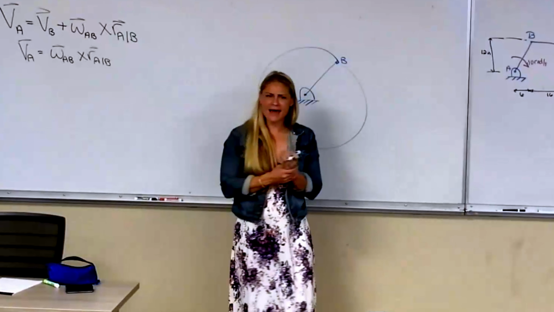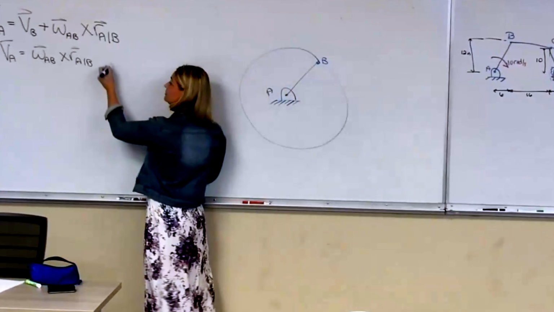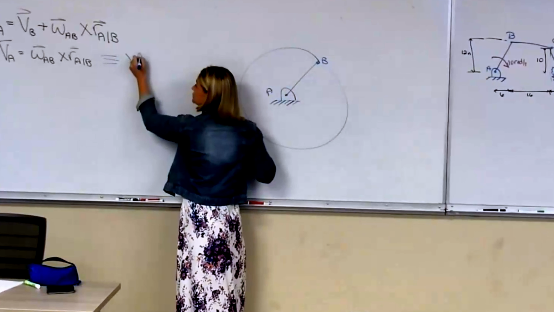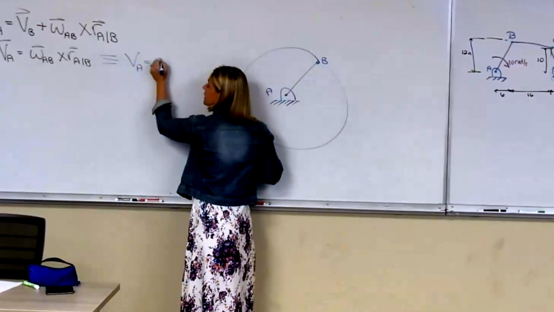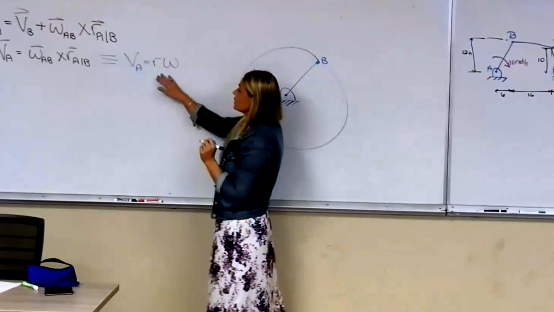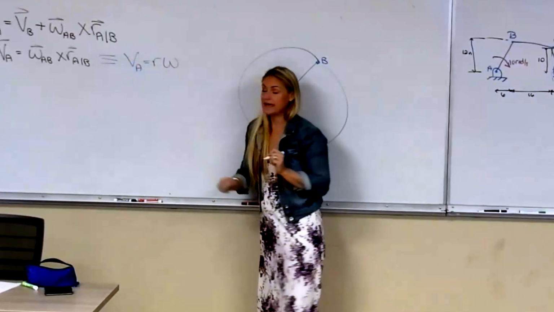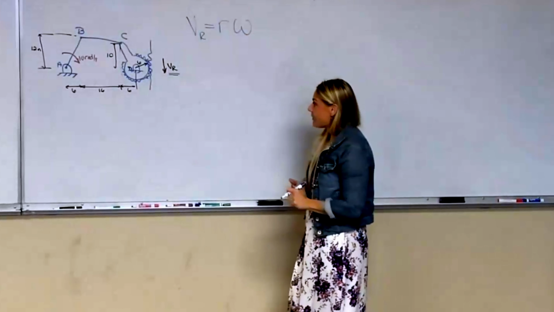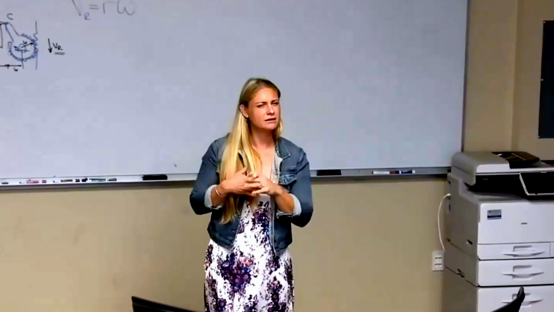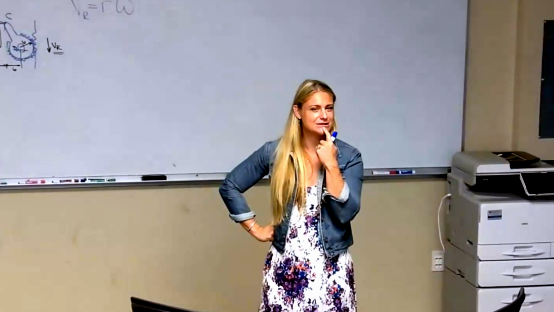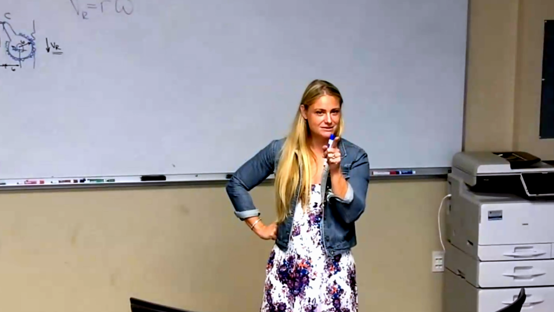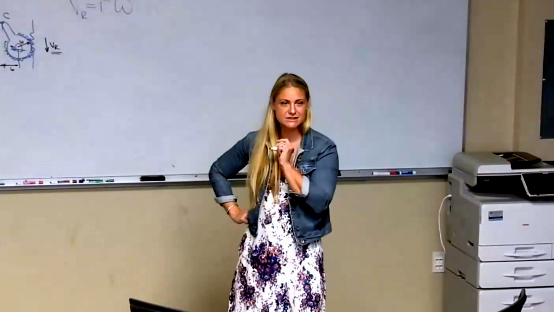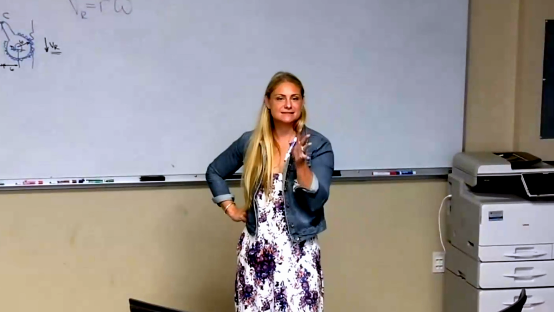All right, so how do we apply this? Remember that this is equivalent to VA equals R omega. In this case, I only want VR, so VR equals R omega. If you don't remember from physics, or maybe your physics teacher didn't teach it, with gears there's a condition called the no-slip condition.